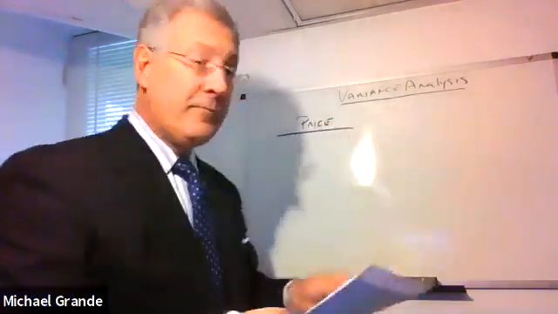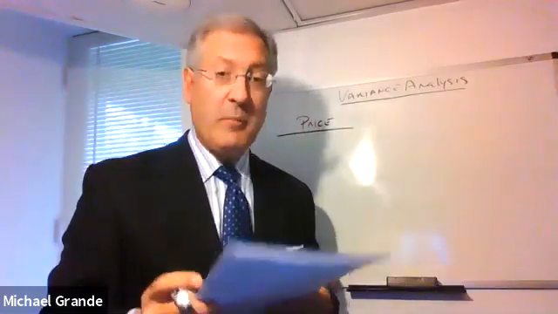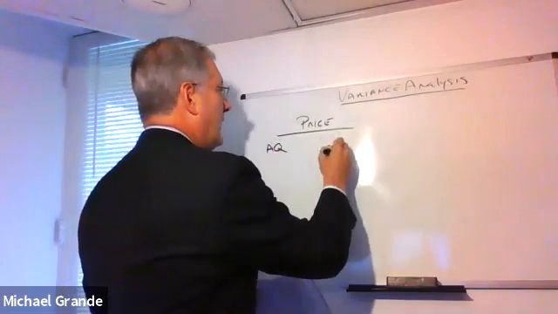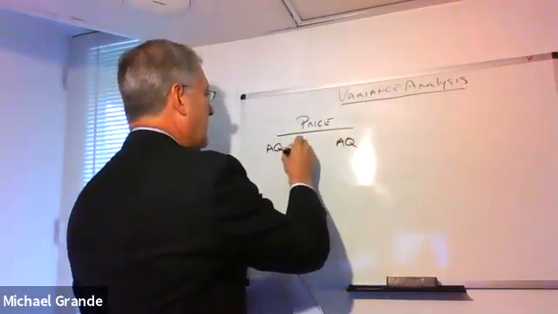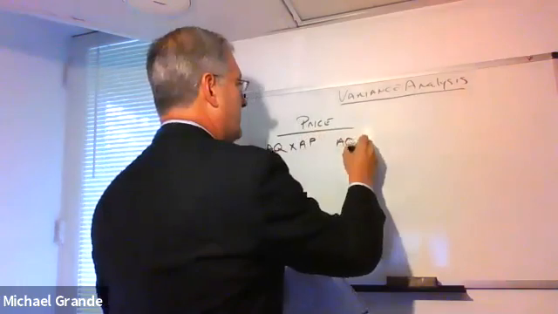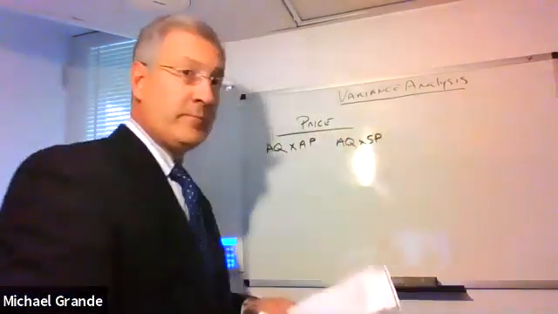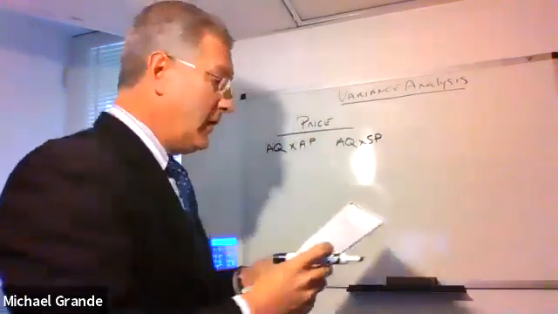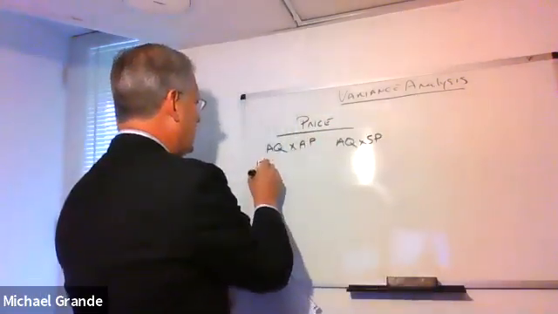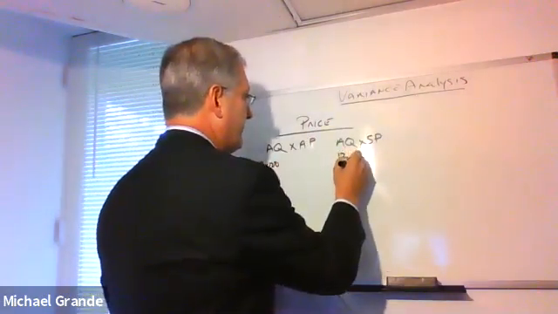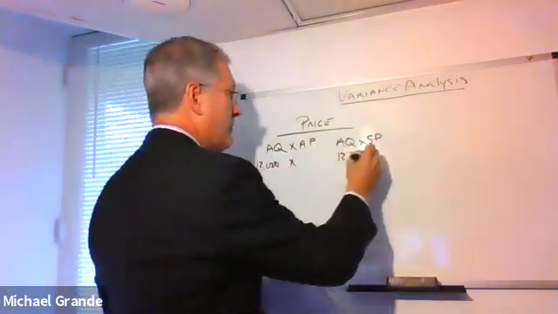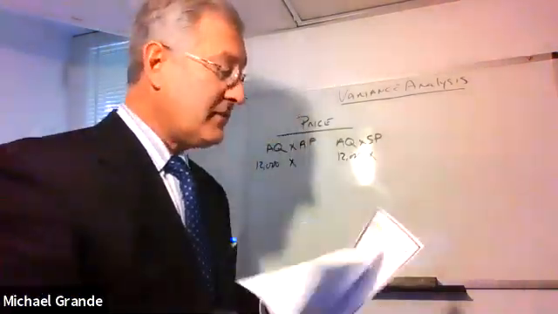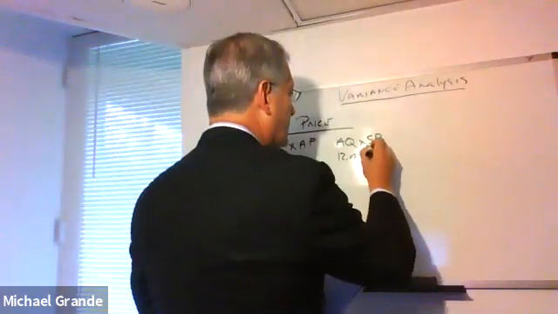Let's remember, it's based upon what was purchased. So AQ times AP versus AQ times SP, right? AQ is what was purchased. And what was purchased was 12,000 ounces. The standard price, according to the standard cost card, was 20 bucks.